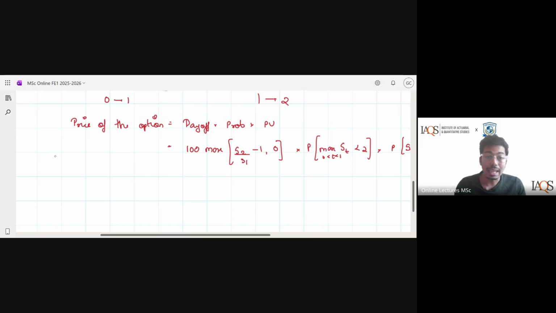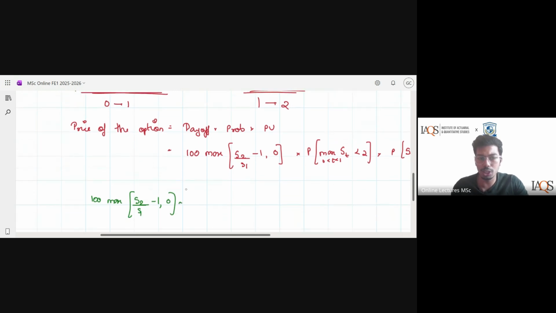Now, can I say between time 0 and 1, the price of the derivative is actually going to be payoff into probability. What is the probability applicable between 0 and 1? I know it is probability of max of ST, where T is between 0 and 1, less than 2.